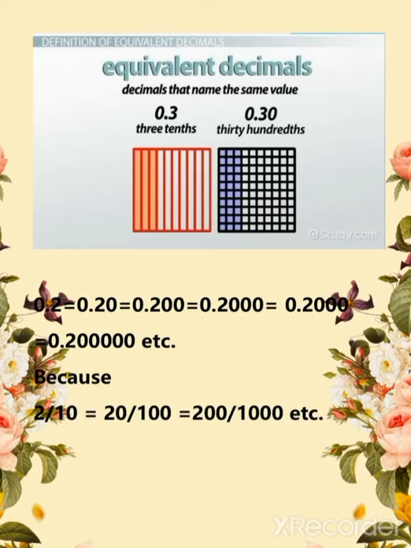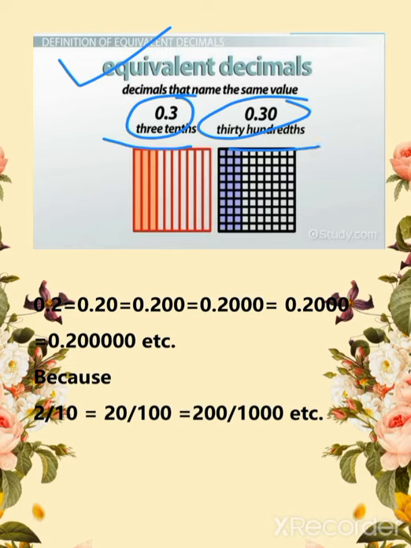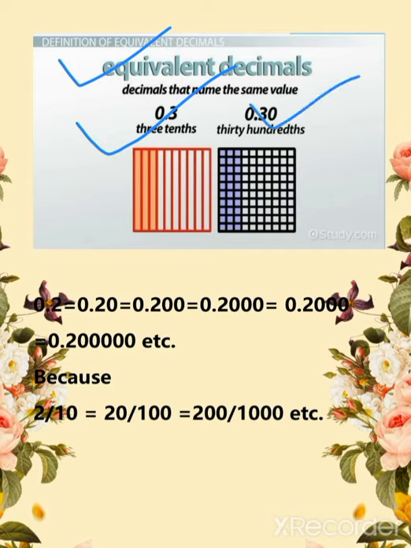Our next topic here is equivalent decimals. As the name suggests, decimals which are equal are called equivalent decimals. For example, 0.3 and 0.30. This is 3 tenths and this is 30 hundredths. Basically, 0.3 implies 3 out of 10 and 0.30 implies 30 out of 100.